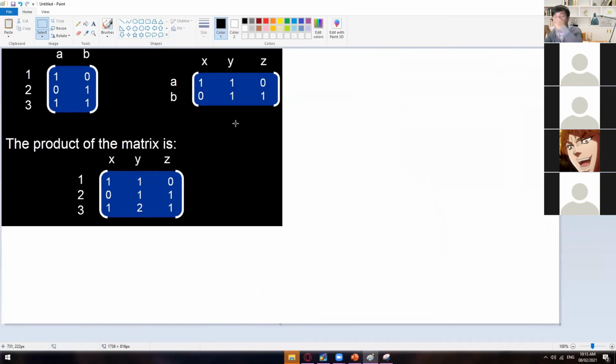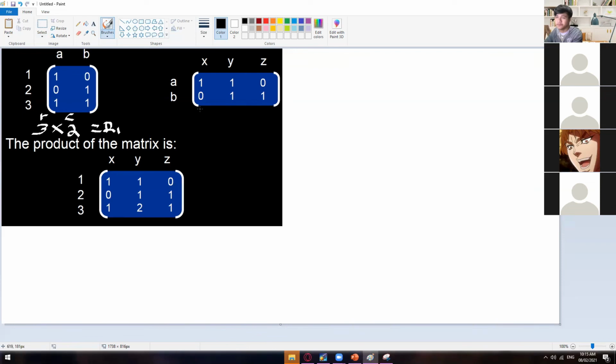The first thing that you need to check here is the size of your matrix. In our R1, we have here a 3 by 2 matrix. 3 by 2 matrix. So 3 is your row, and 2 is your column. As you can see, we have 3 rows and 2 columns. So this is the size of your R1.